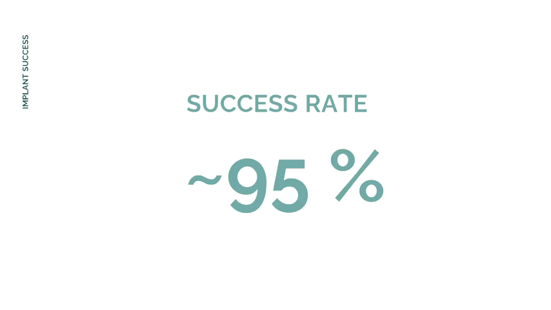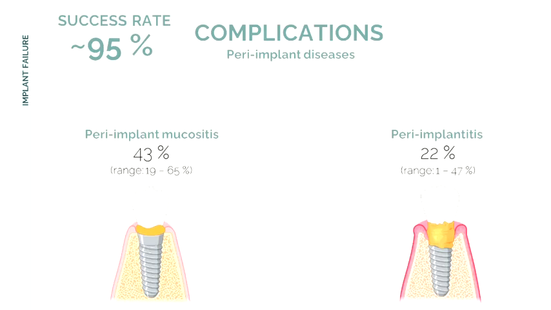So the success rate of dental implants is approximately 94 to 95%, and you can say it's quite high. So why do we modify the surfaces? Why is it so important? This is because of the complications. After implantation, peri-implant diseases can occur, and we have two types of them, peri-implant mucositis and peri-implantitis.